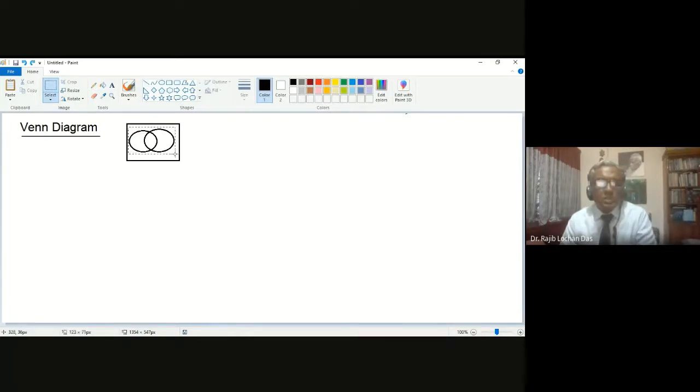One set is A, one set is B. Left side, the left set is A, and this one is B. Let me take this one as a shade.